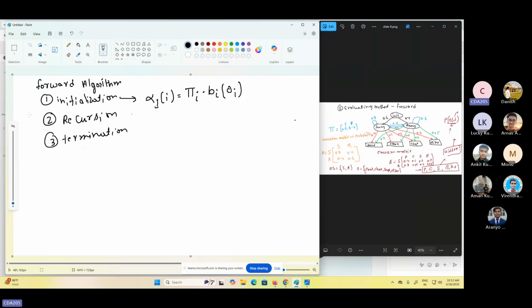Okay, so let's find the initial one. We are telling the initial, that is sunny. So alpha 1 sunny is equal to pi 1 sunny into B of paint given sunny.